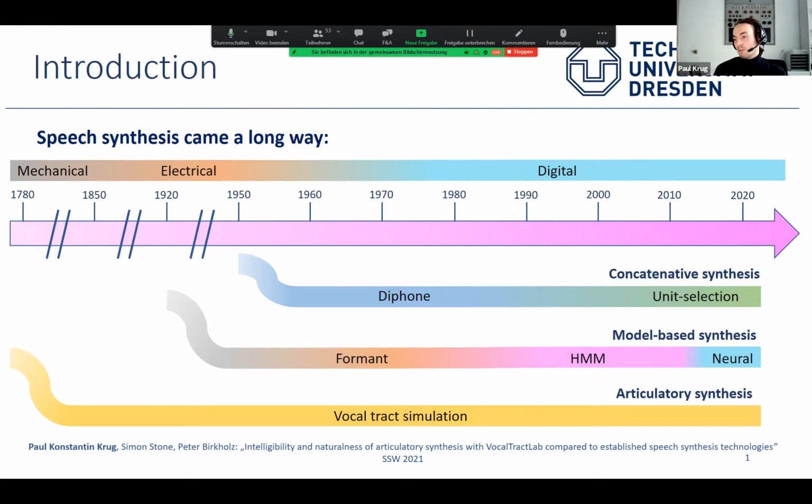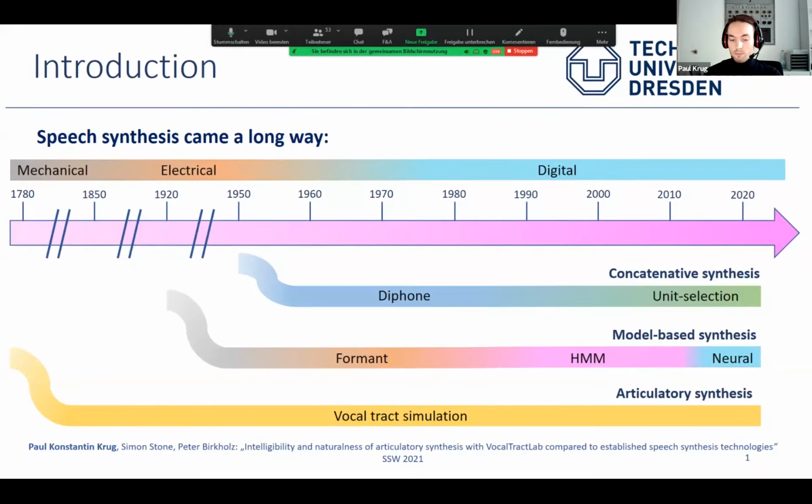But anyway, things progressed when electrical circuits were invented, and formant synthesis came up. You could see the formants on spectrograms, and then people discovered that you could synthesize them, and then later also concatenative synthesis came up, where you would concatenate pre-recorded speech units such as phones and diphones, and then later this turned into unit selection, which would form powerful hybrid models when combined with the HMM model-based synthesis.